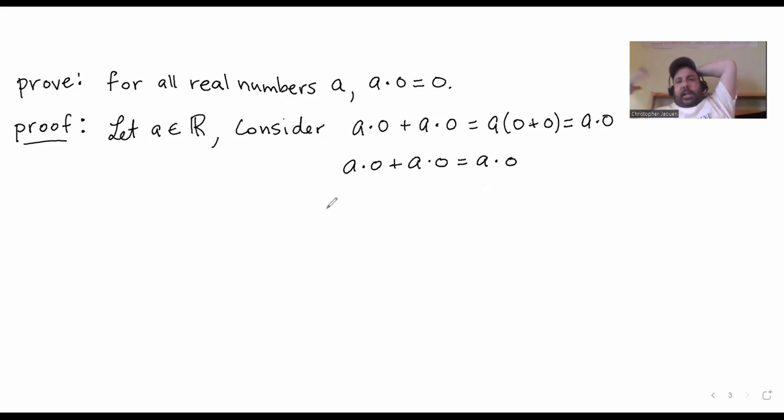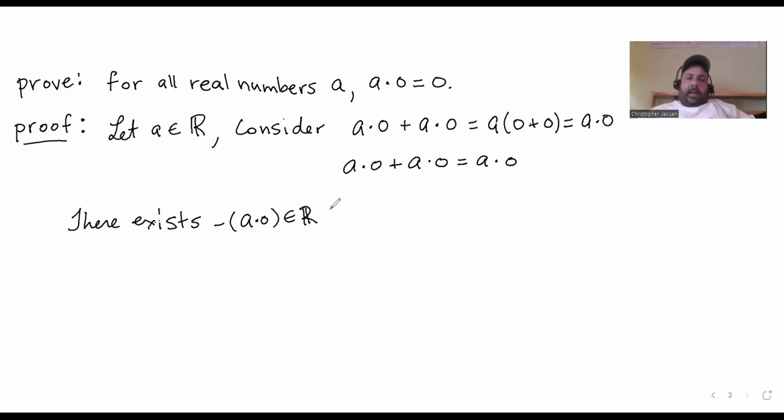is A times 0. Okay, and now there exists an additive inverse for A times 0, so we can add that to both sides of this new equation.